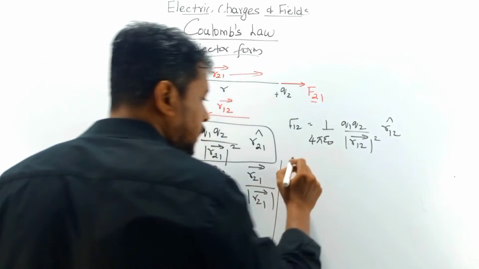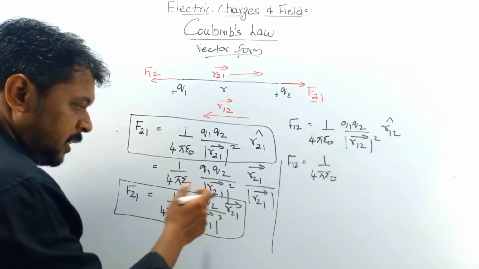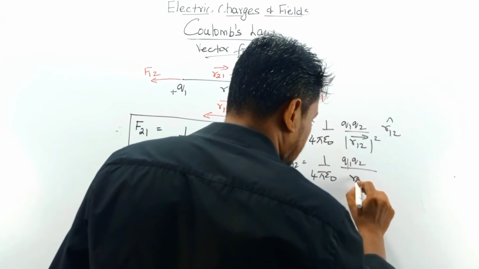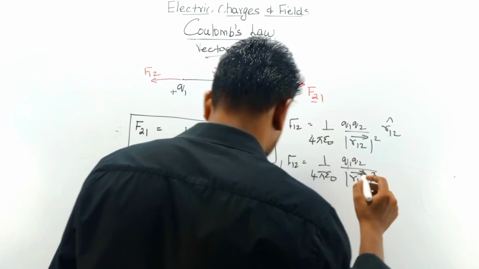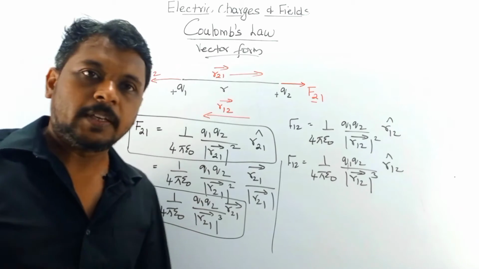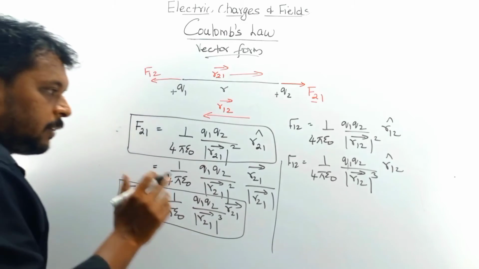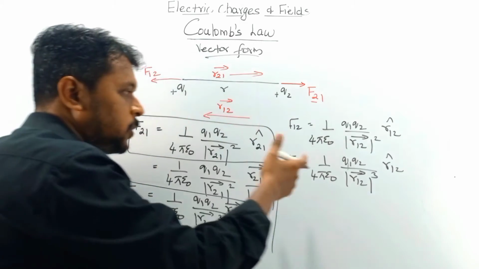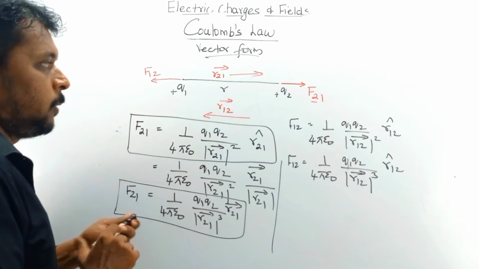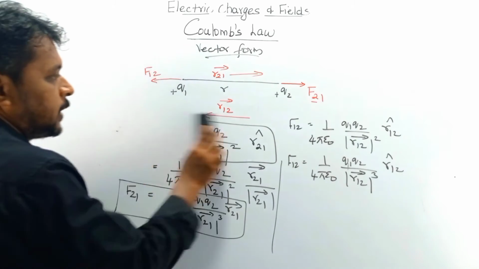Similarly, this equation could also be written for F12, just replacing: 1 by 4 pi epsilon naught, Q1 Q2 by the cube of r12, times the r12 vector. This is the way of representing the force in vector form. Here we have represented both magnitude and direction. This is one form of representing the forces in vector form. We will see another form also, with respect to position vectors.